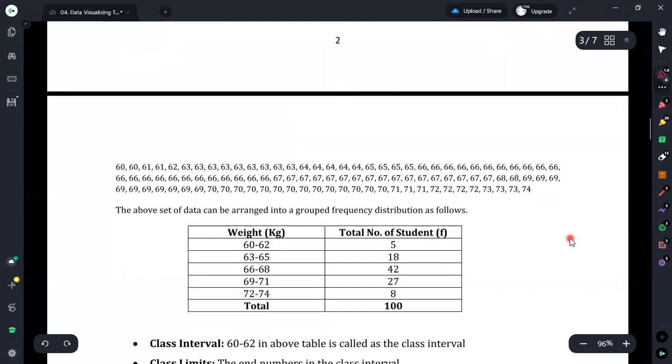We have a large number of values, but I have rearranged this data set in ascending order. Now you can see that the smallest value is 60 and the largest value is 74.